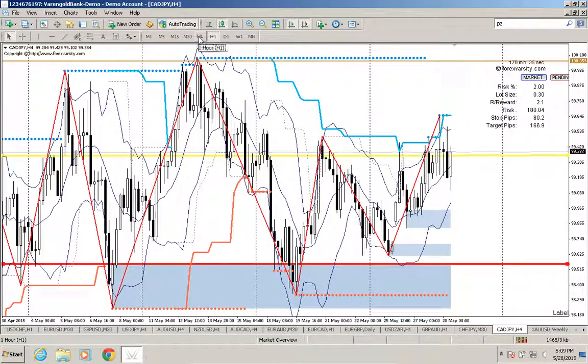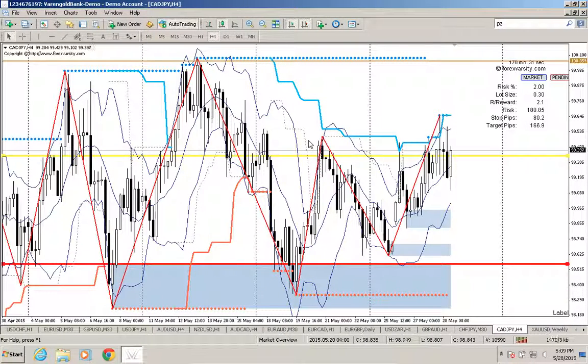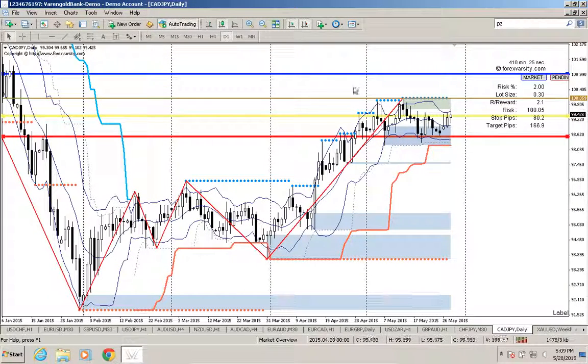So we are effectively trading the breakout before it even happened, just because we know daily needs to make a high, so it's probably going to break out on the upside, so we can enter the breakout trade before it ever happened.